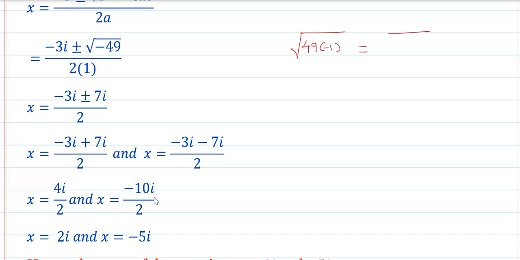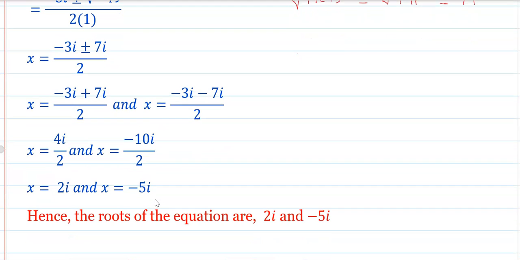Therefore 49 into i square, and its square root is 7i. Once we take plus and once minus. x is equal to minus 3i plus 7i upon 2, x is equal to minus 3i minus 7i upon 2. Minus 3i plus 7i means 4i upon 2, and the other is minus 10i upon 2. x is equal to 2i and x is equal to minus 5i. And hence the roots of the equation are 2i and minus 5i.